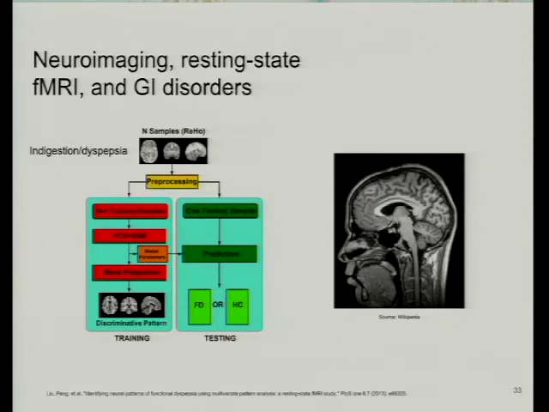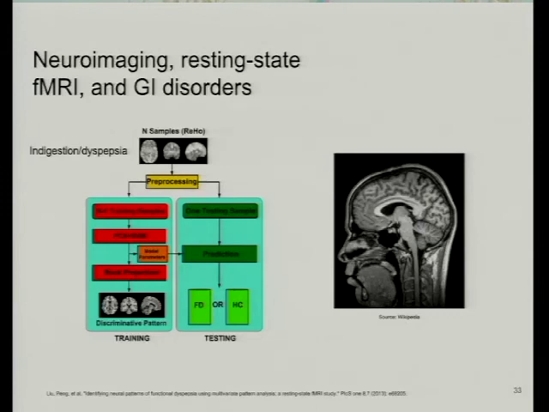Here's an example of the neuroimaging part being studied in some gut disease. They want to look at indigestion and possible changes in the brain.